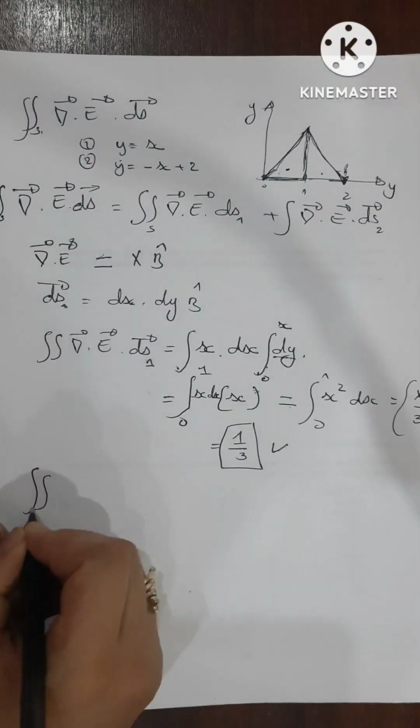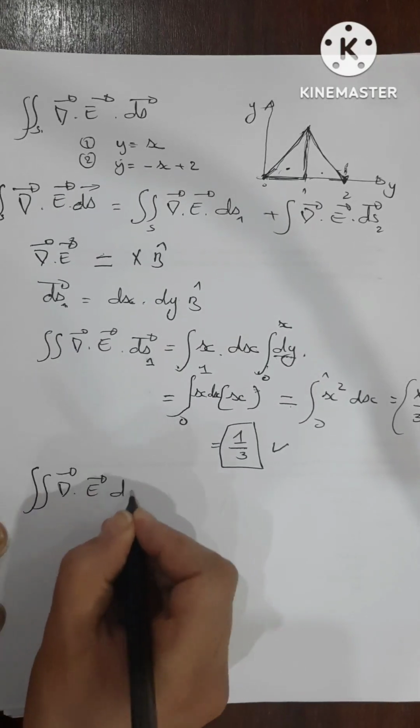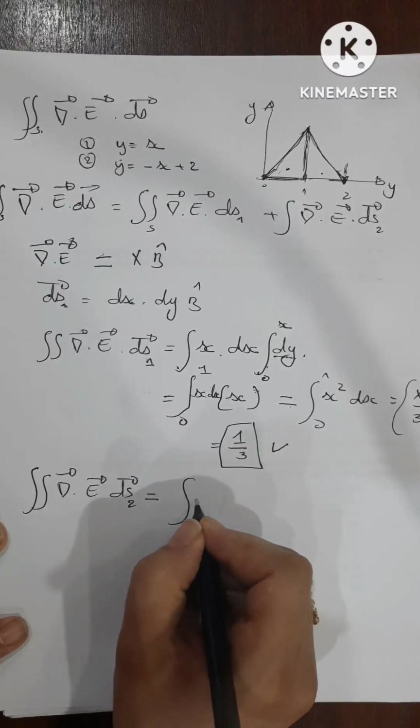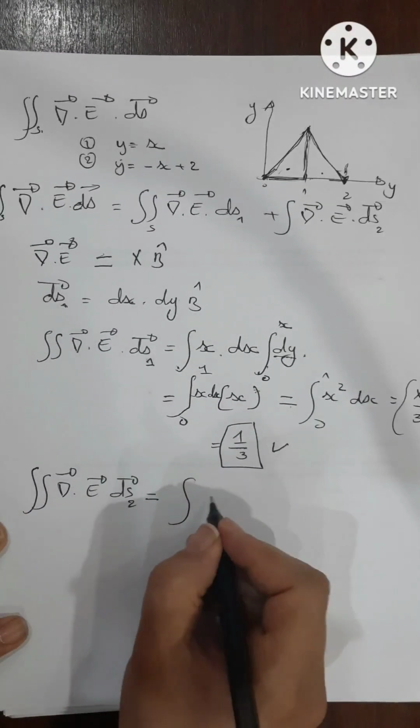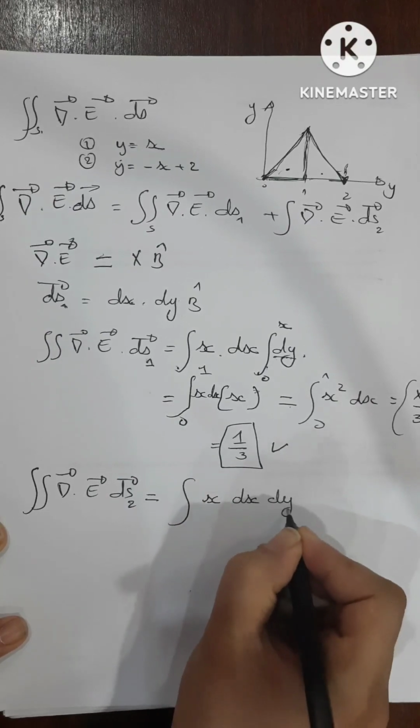The second one, the curl of E ds2 equals the same x dx dy.